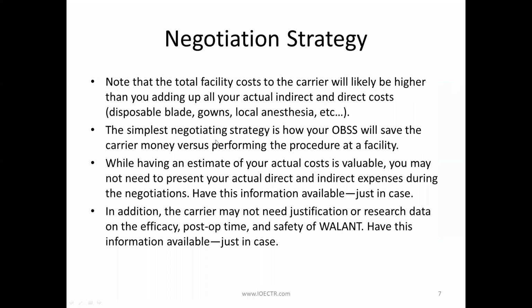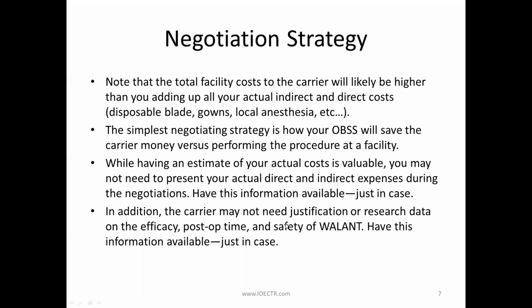Now, the other approach to this problem is to get into a cost accounting mode and actually calculate your actual indirect and direct costs. And we have another slide where we do discuss that, but it may not actually be necessary. You should simply have some of your direct and indirect expenses information available just in case you need it during negotiation.